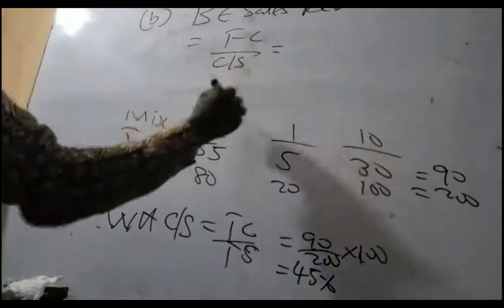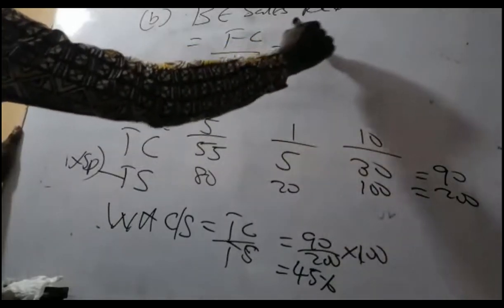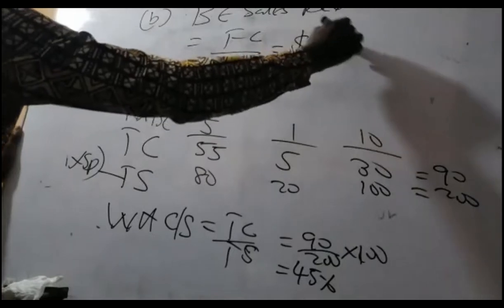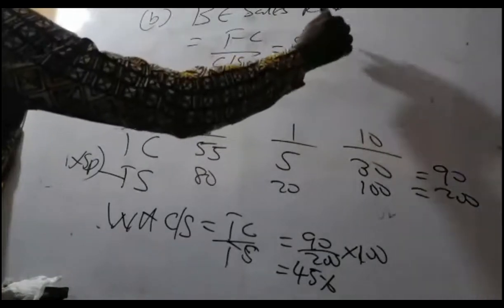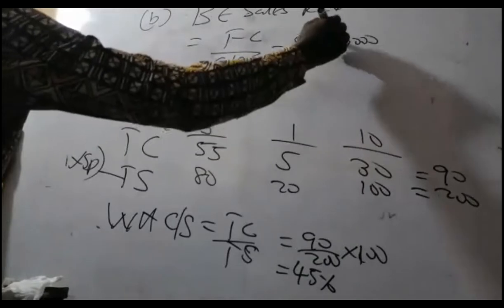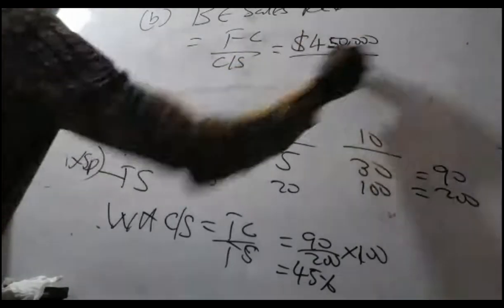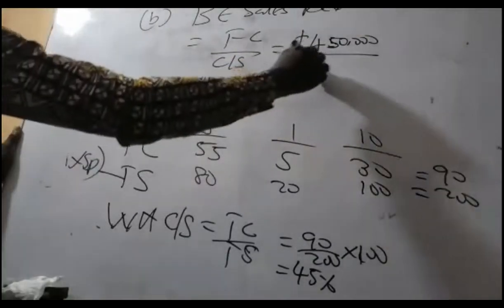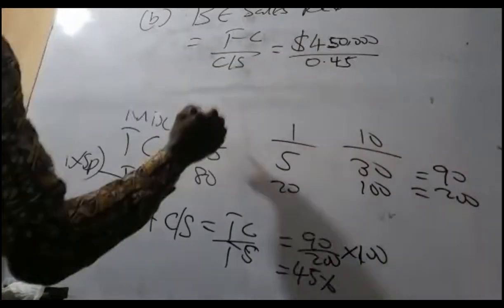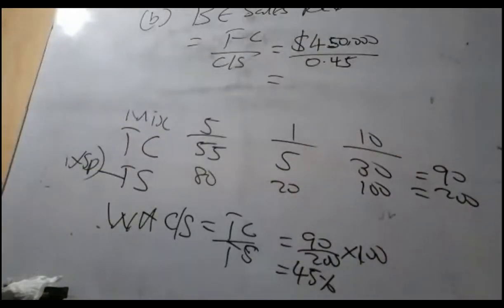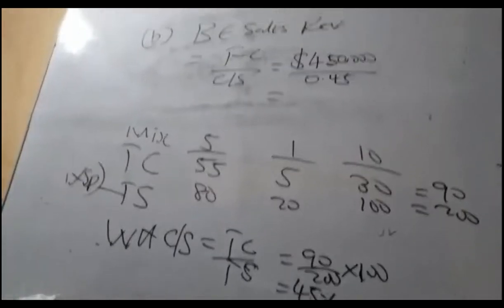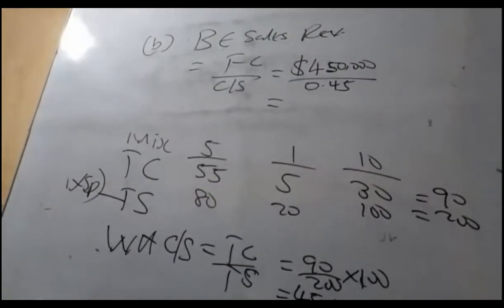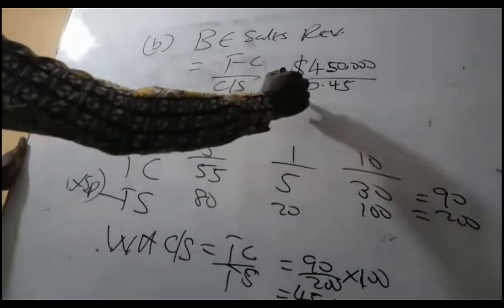What's the fixed cost? $450,000, all divided by the CS ratio of 0.45. That gives us 1 million.